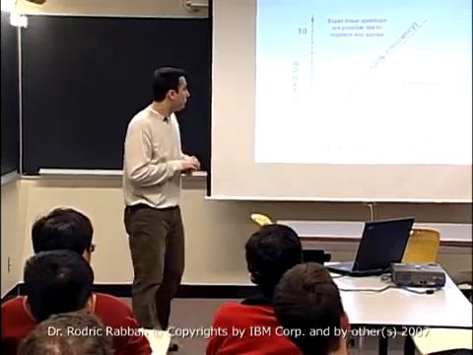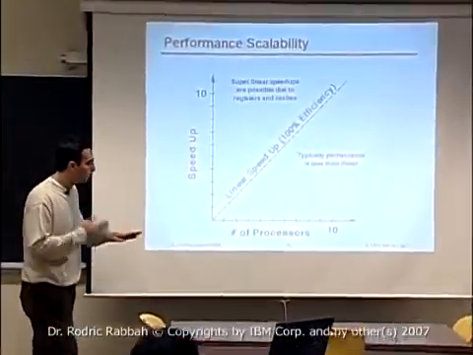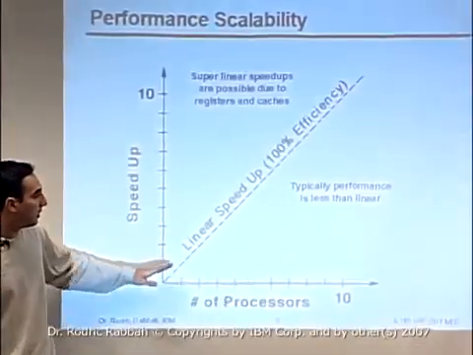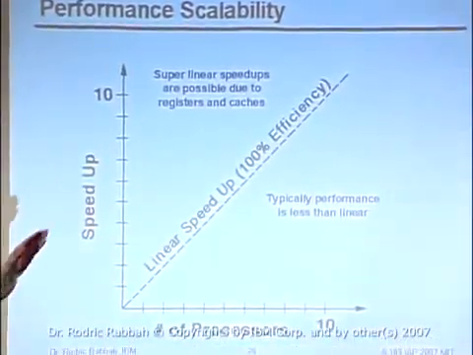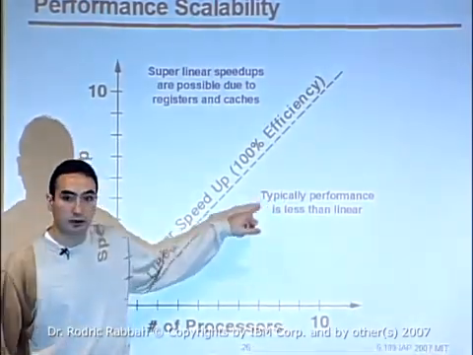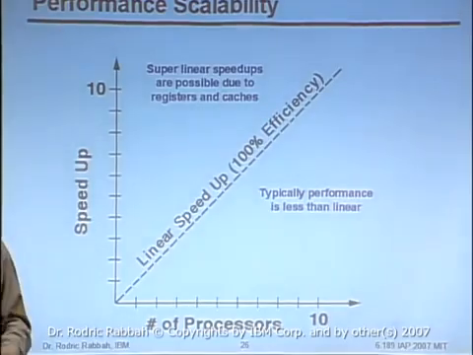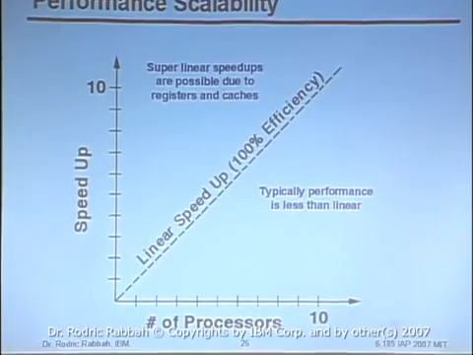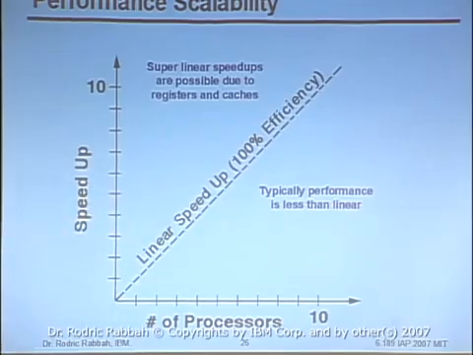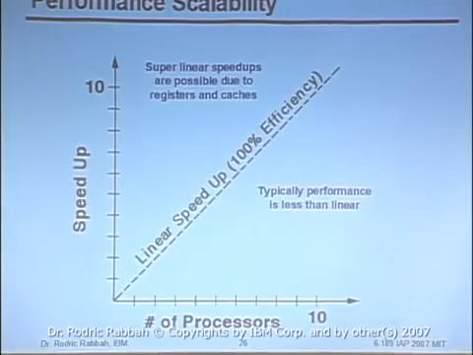So in terms of performance scalability, as I increase the number of processors, I have speedup. You can define an efficiency to be linear at 100%, but typically you end up in the sublinear domain. That's because communication is not often free. But you can get superlinear speedups on real architectures because of secondary and tertiary effects that come from register allocation or caching effects.